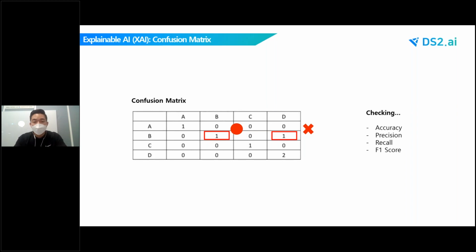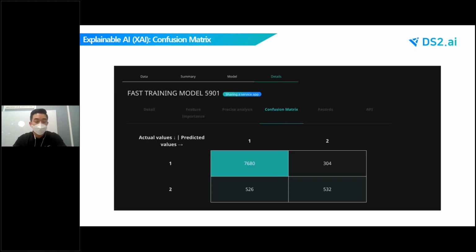So the confusion matrix can check whether the model is working properly or how many errors there are through the table that synthesizes the data and the recognized results of the AI. These indicators can be used to measure recall, precision, accuracy, F1 score, and etc. So once a model is created with Click AI, its own confusion matrix is created immediately this way, allowing you to intuitively grasp its contents.